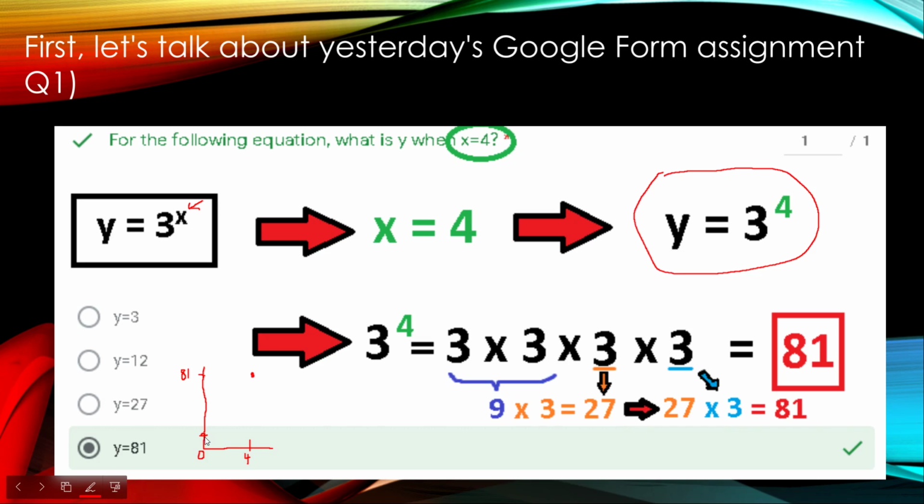So this would be a point here. So this is going all the way from 1 to 81 just when x moves over 4, increases by 4. Right? Remember, this is our x-axis and our y. We'll talk more about graphing next week, but it is something to keep in mind.